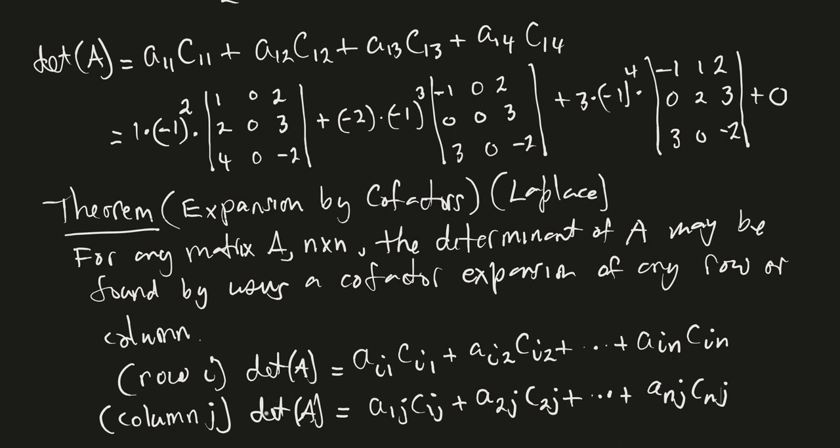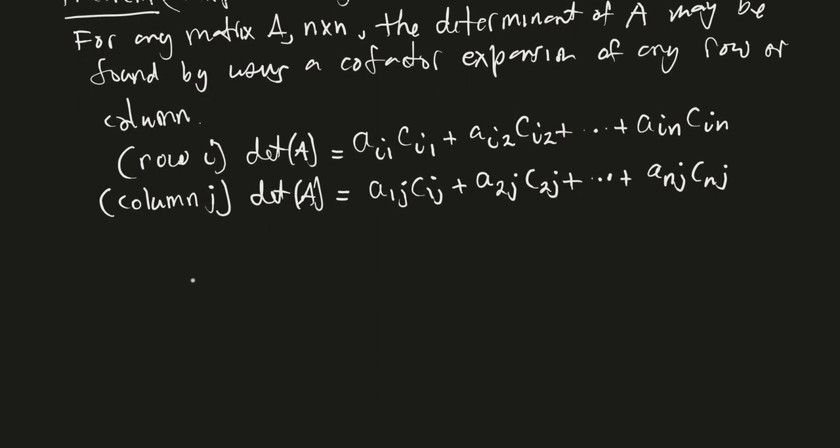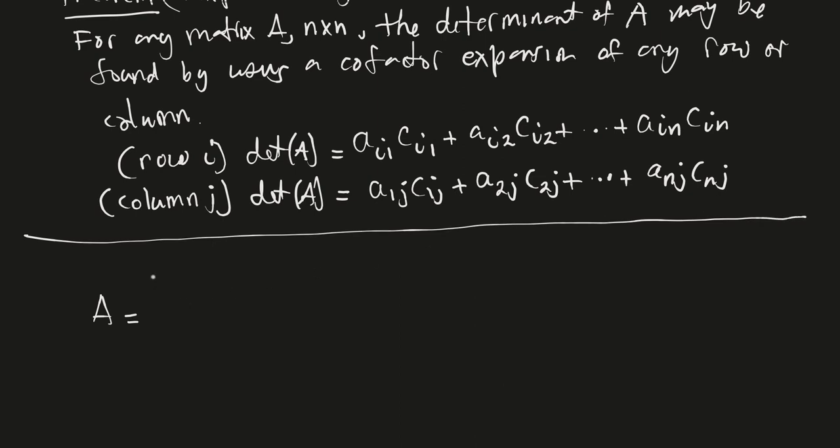Now, why is this helpful? Well, let's go back to our original problem. I'm going to rewrite the matrix. Let me put a little line here to say that ends the theorem. So let me go back to our 4x4 matrix, where the process using that first row didn't look like fun, because we had so many 3x3 determinants to compute, and that in general is a problem.